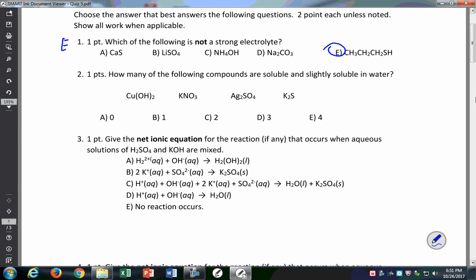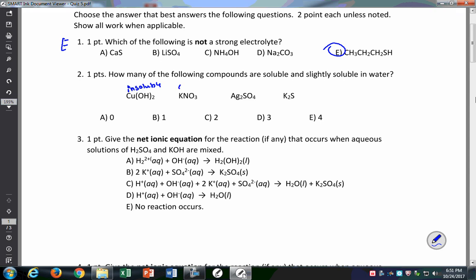As far as which compounds are soluble or slightly soluble, Cu(OH)2 is insoluble, because OH is typically insoluble with the exception of things like potassium, those group 1 and 2 metals.